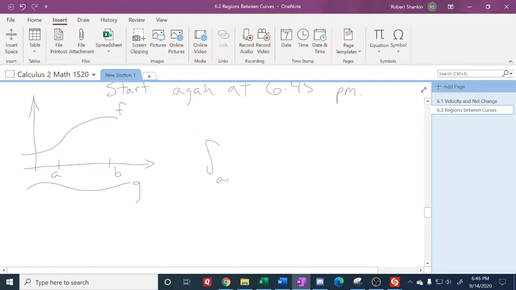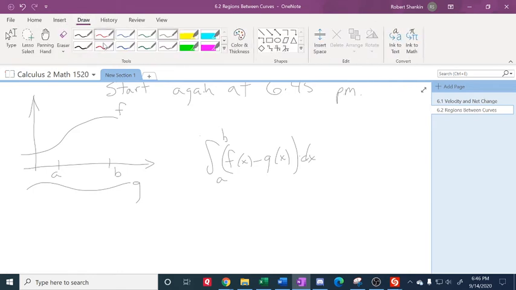If I find the integral from a to b of f of x minus g of x dx, I'm going to get the area under f, the same as the integral under f.